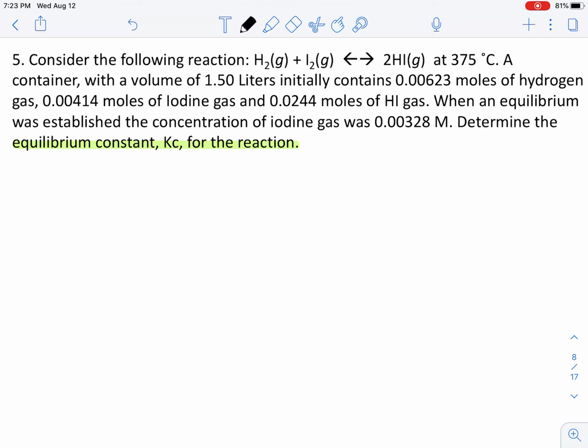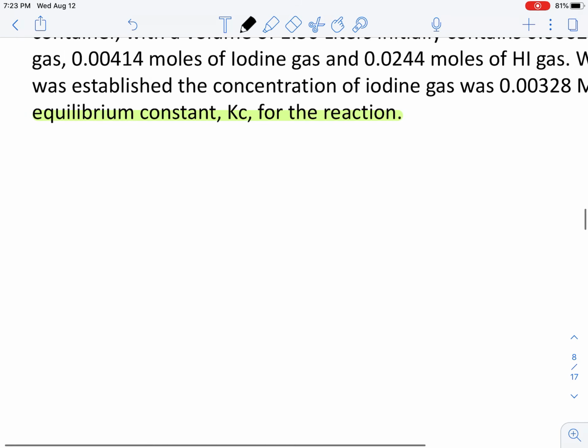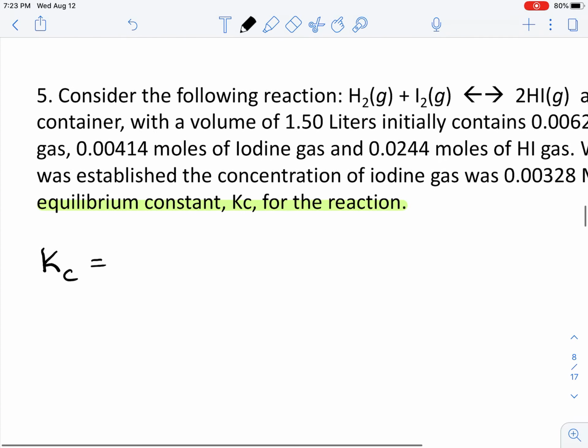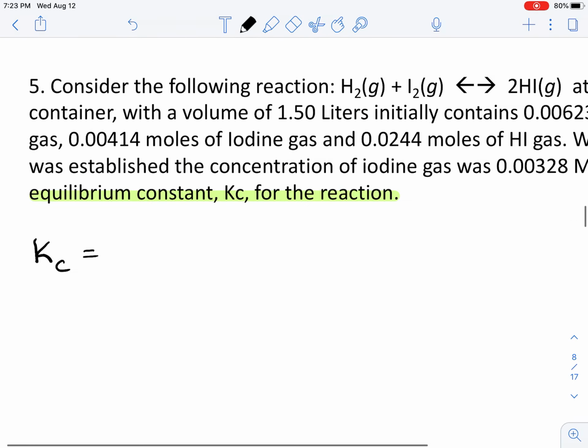To determine the value for Kc, we need to be able to write the mass action expression. So Kc is a ratio of products to reactants raised to their own power, or raised to their own coefficient, I apologize.